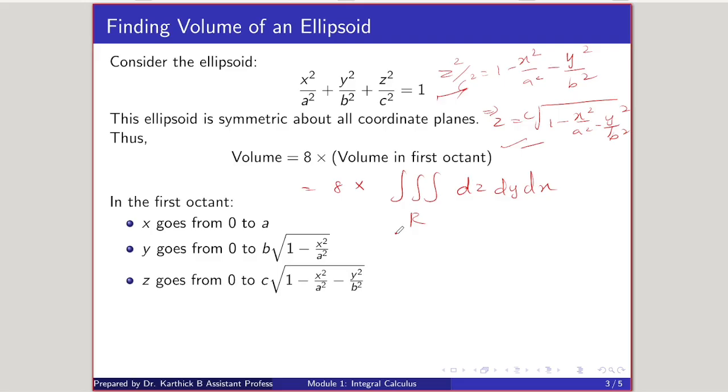In this, I take the equation again and simply substitute y equal to 0. So the remaining term will be x square by a square plus z square by c square.